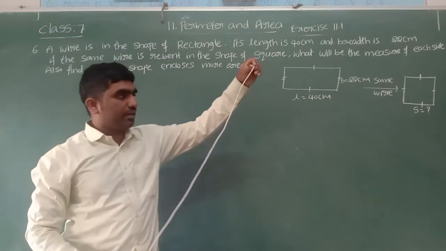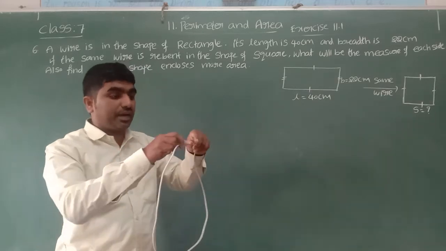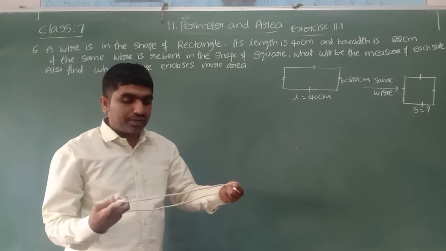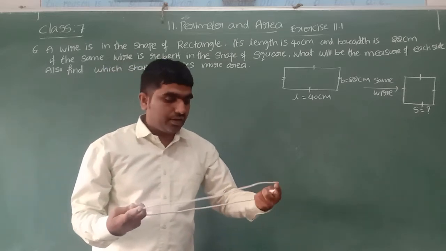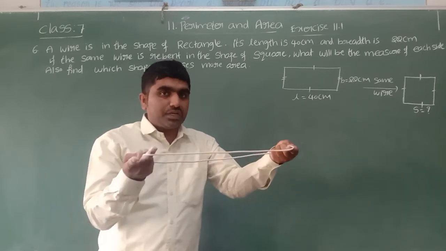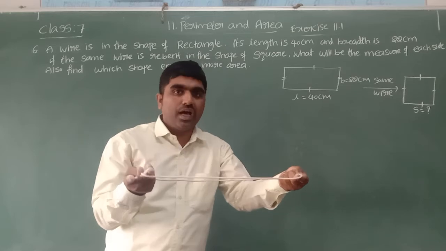Suppose I have a wire, one wire here. With the help of this wire, if I make a rectangle, here you can see it is a rectangle shape. Suppose the length of the boundary is some 100. The total length of the boundary of the rectangle is 100.